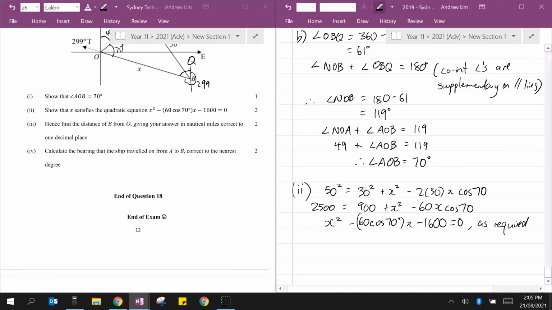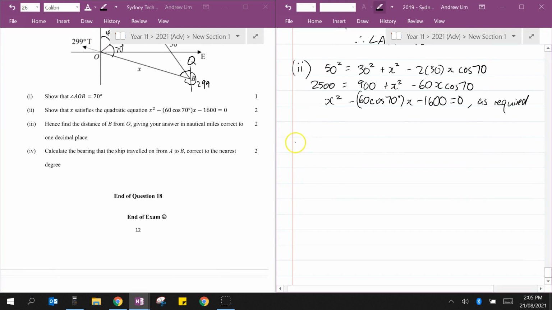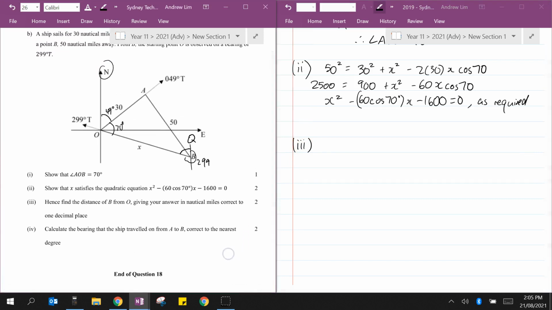Okay, question 3. Hence find the distance of B from O, giving an answer in nautical miles correct to 1 decimal place.